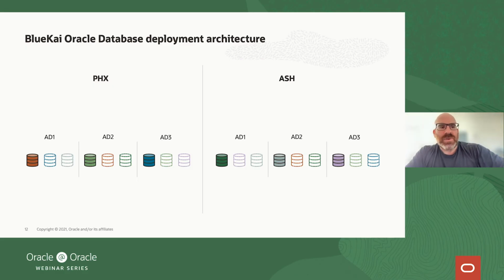So what we did was we created a footprint that was in multiple ADs, and eventually it will be in multiple regions. And the idea is that within a particular region, data is replicated across at least 2 availability domains. So if a single server goes down, that data is immediately available on another server in another availability domain.